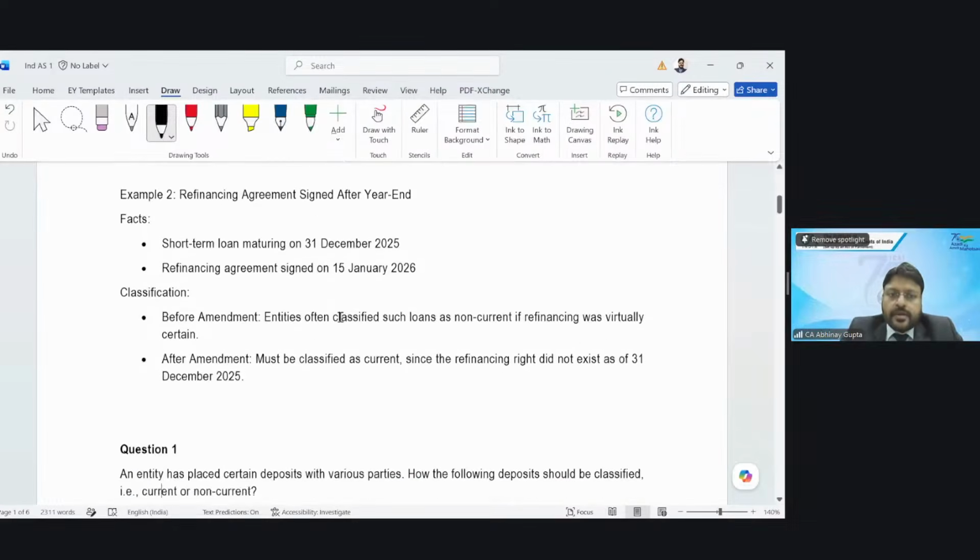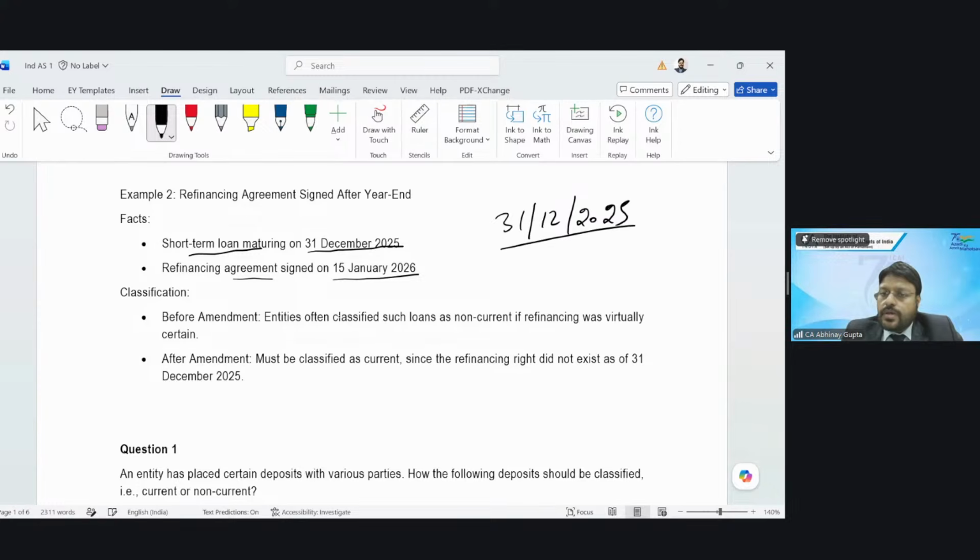Okay. Now let's see one more example of this. A short-term loan, which was maturing on 31st of December 2025, with a refinancing agreement signed on 15th of January 2026, and the financial statements are being prepared as at 31st December 2025, right?